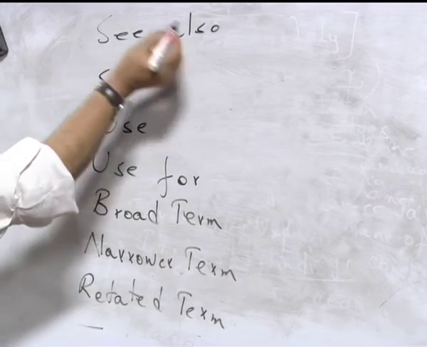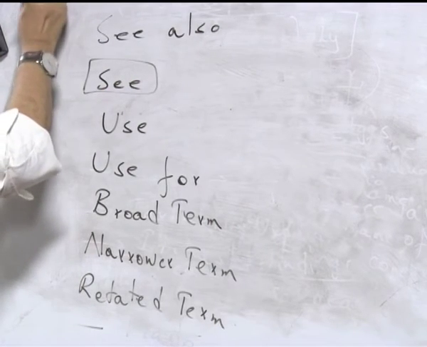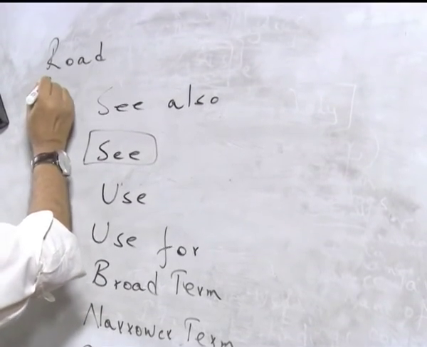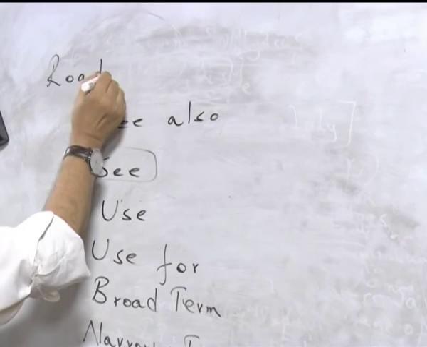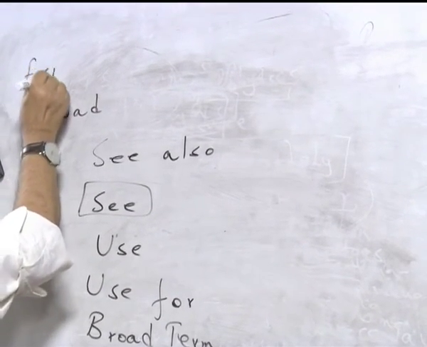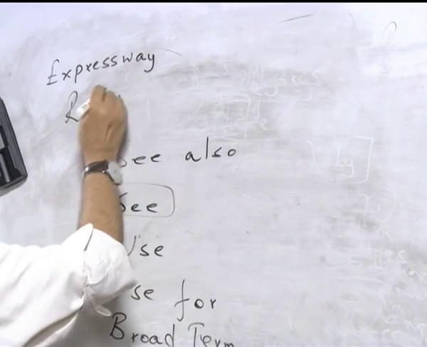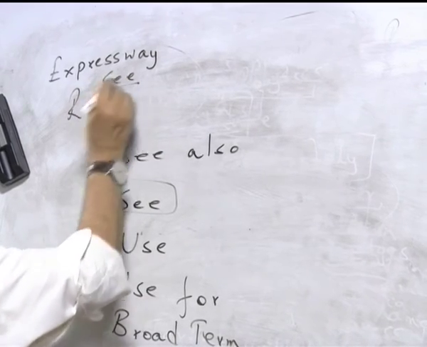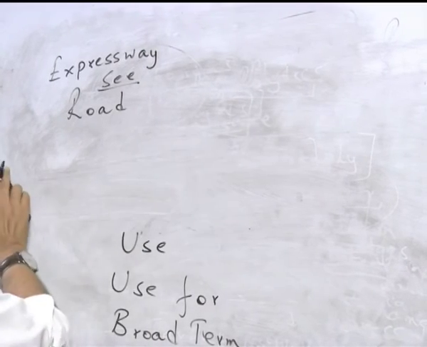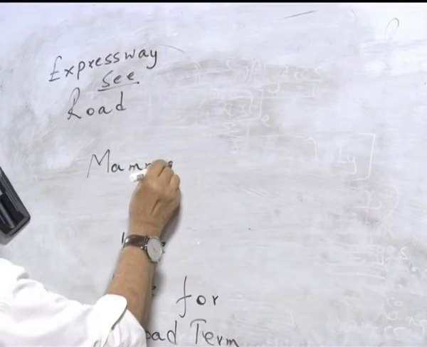For example, as I told you, I have given you examples of See, that if you are using road, then if road is the preferred term, then you would have a reference from road to expressways, See road, and let us say we are using the term mammals.